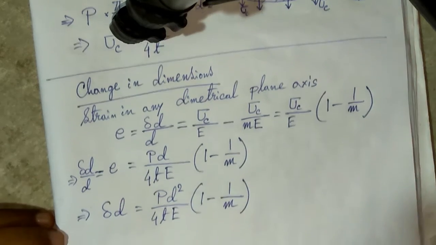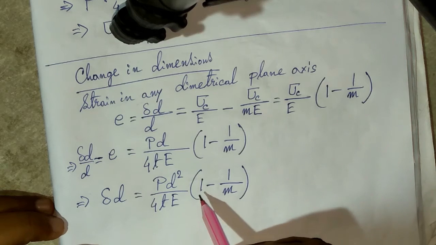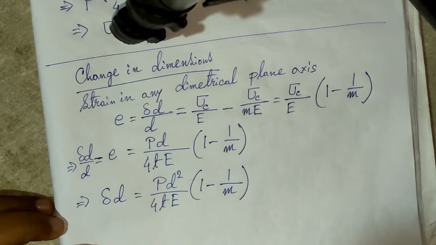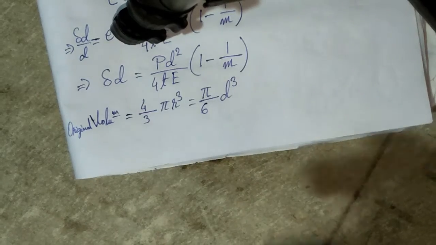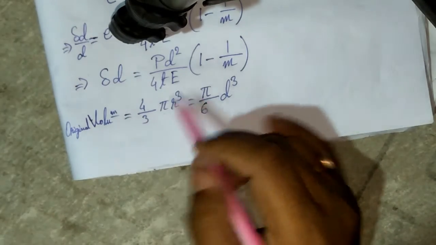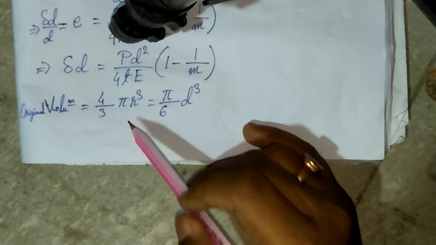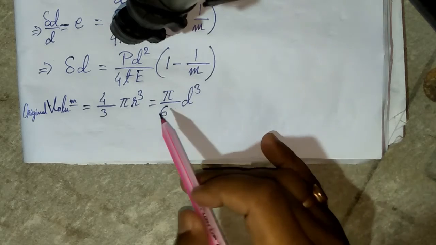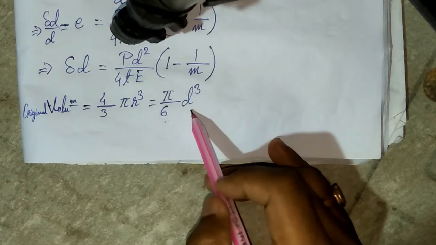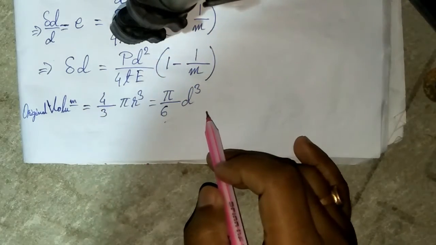So change in diameter is p d square by 4tE into (1 minus 1 by m). Now the original volume of a spherical shell is 4/3 pi r cube, where r is the radius of the spherical shell, so that becomes pi by 6 into d cube. D is the internal dia and small r is the internal radius.